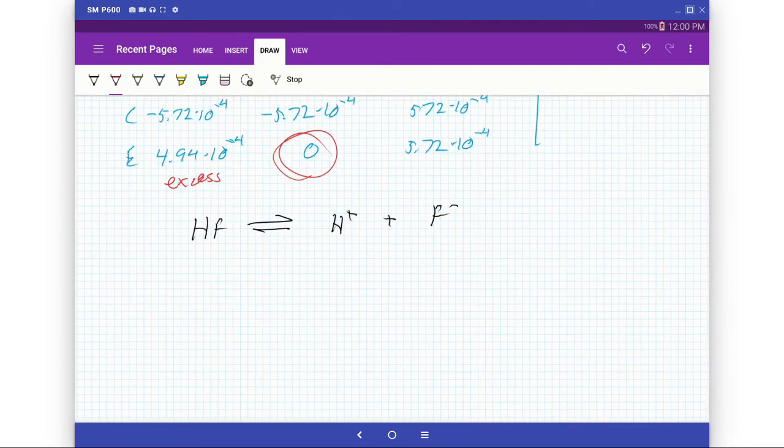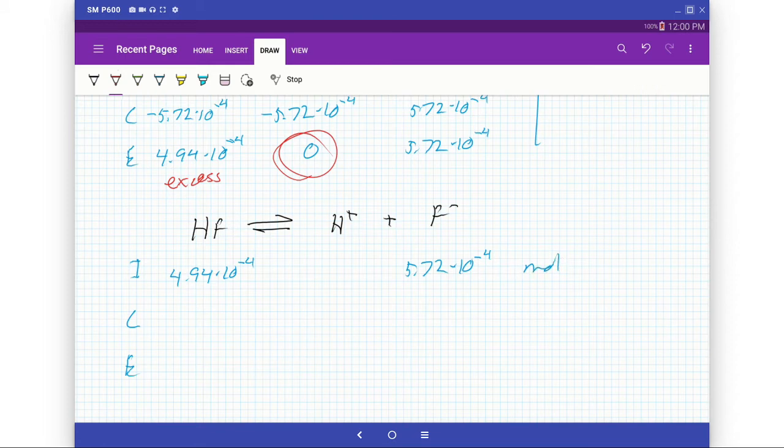Setting up an ice table on this, we have numbers now. The excess HF is 4.94 times 10 to the minus 4, and we still have 5.72 times 10 to the minus 4 moles of fluoride that have been produced.